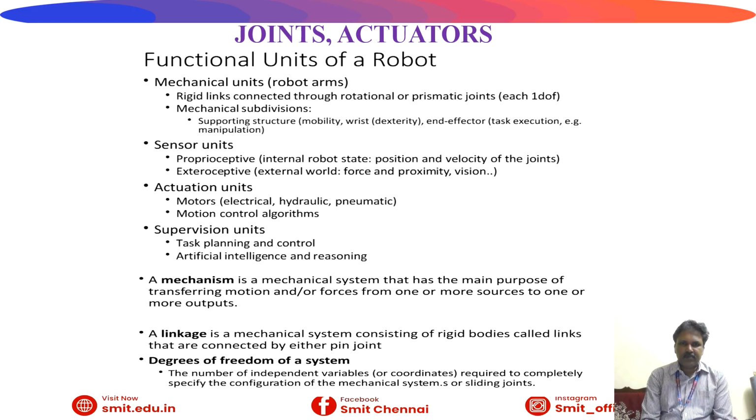Now, the first thing is joints and actuators. In that, we are going to see the functional units of a robot. First are the mechanical units, that is robot arms, which are rigid links connected through rotational or prismatic joints having 1 degree of freedom, mechanical subdivisions, and a supporting structure having mobility and dexterity, and the end effector for task execution, for example manipulation.